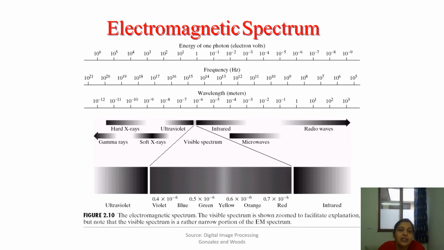Now you must have studied the electromagnetic spectrum in physics. Why am I discussing the electromagnetic spectrum here? Because we are talking about light. We can do image processing in various bands of the electromagnetic spectrum. You know there are X-rays, UV rays, infrared, radio waves, microwaves, the visible spectrum, and gamma rays.